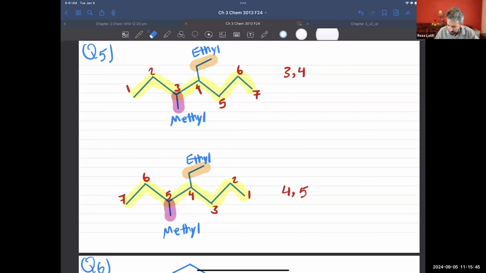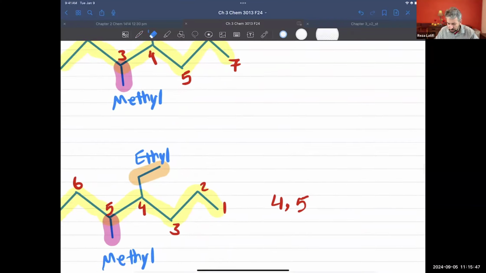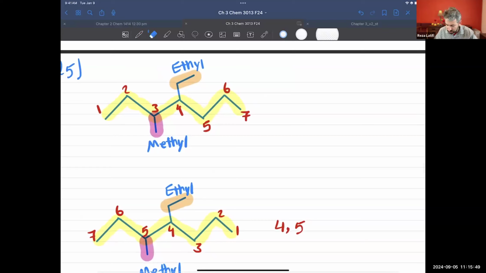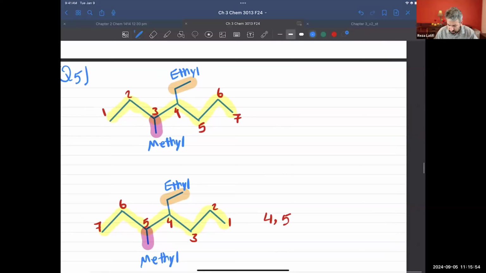Okay, let's name them. I want you to be careful about this. I have a methyl and an ethyl, so I have two substituents. One of them is on the third carbon, the second is on the fourth. Which one do I need to write first?